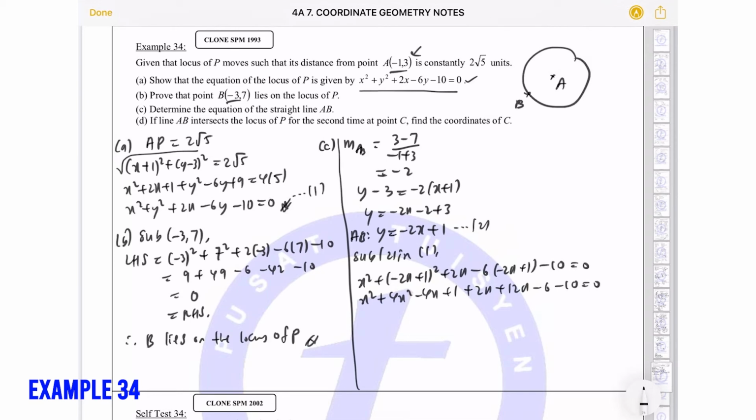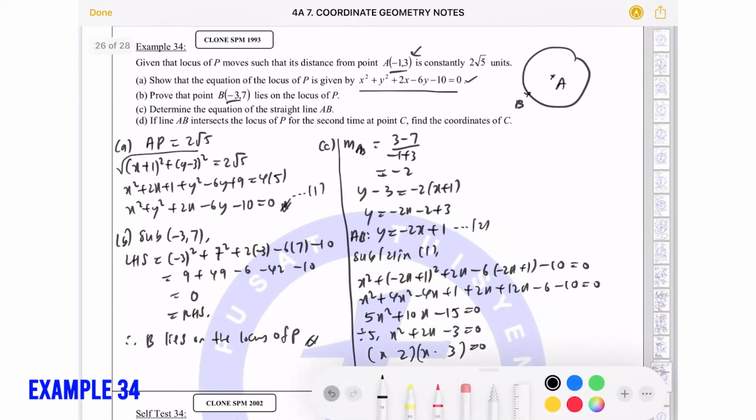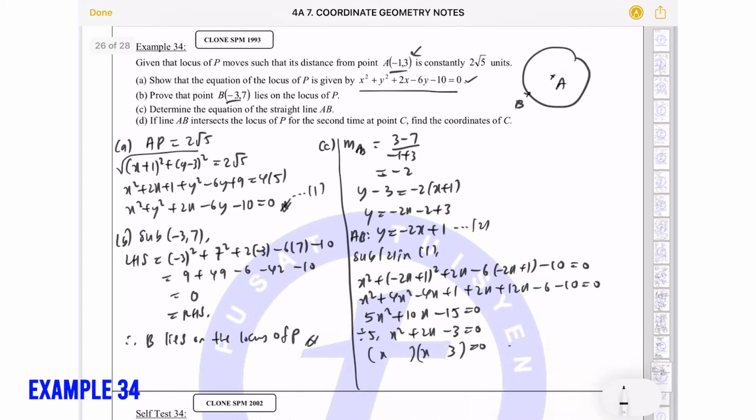When you add up, this will be 5x squared. 12 minus 4 plus 2 is 10x, and this will be negative 15. When I divide everything by 5, x squared plus 2x minus 3, then factorize it: double bracket, 3 and 1, 3 and 1 to get 2. So x equals 1 or negative 3.